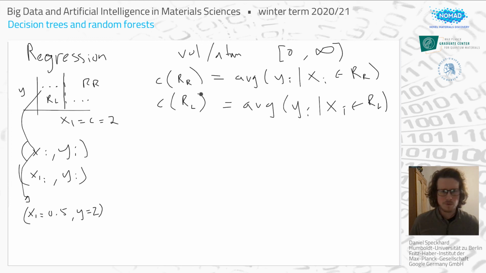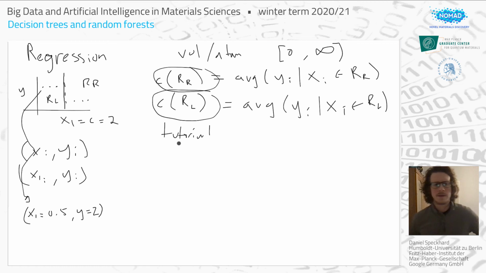We'll actually prove why we choose these constants to be the averages in the tutorial introduction video. We don't have time now, but what we do with trees is we constrain ourselves to only choose constants. More advanced algorithms, instead of choosing a constant here, which will be the average, so it'll look like y equals 2, for instance, that'll be the constant of this region L, could also estimate a line, for instance.